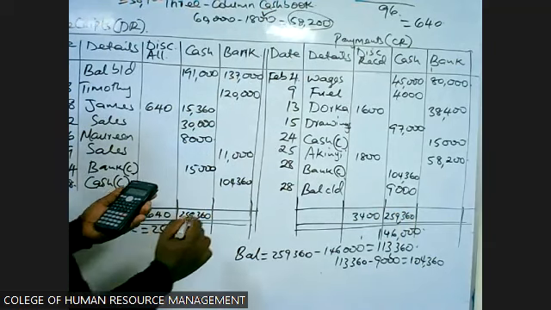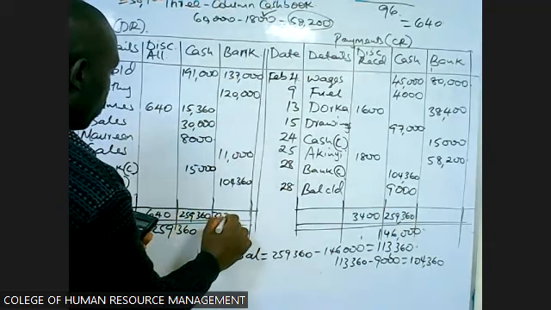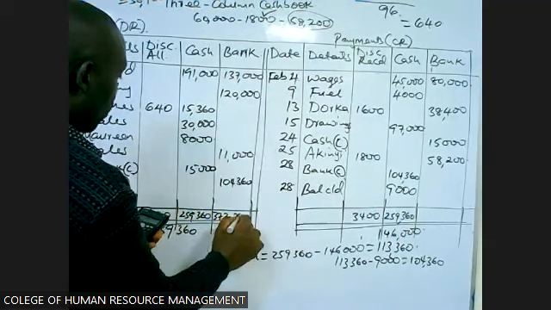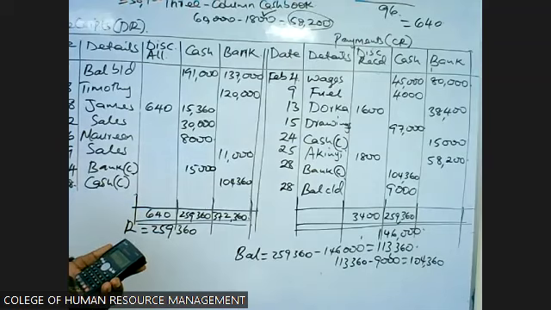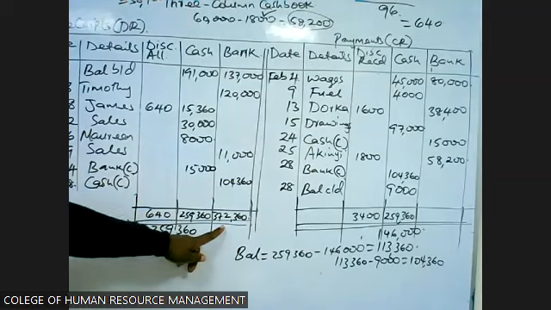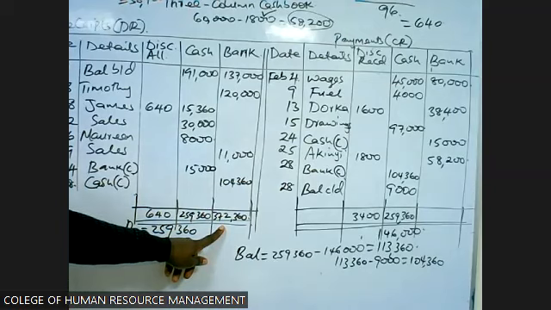The total bank receipt is 372,360. If you add the payment side of the bank, it is 80,000 plus 8,400 plus 15,000 plus 58,200. The total payment is 191,600. And the total receipt is 372,360.